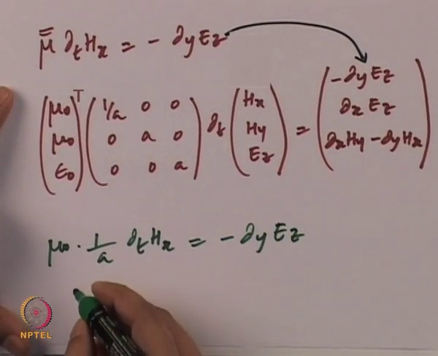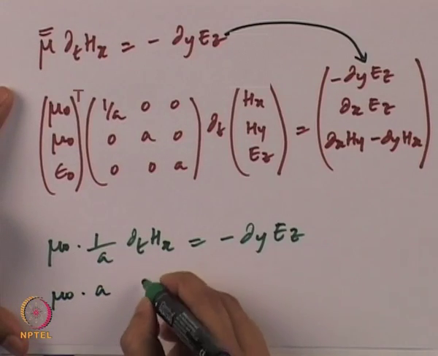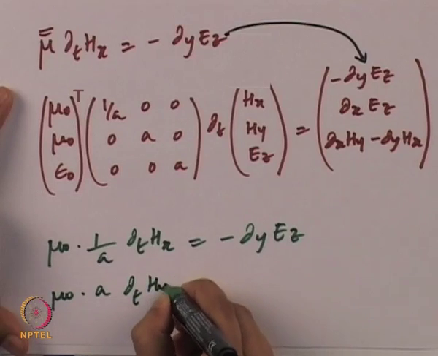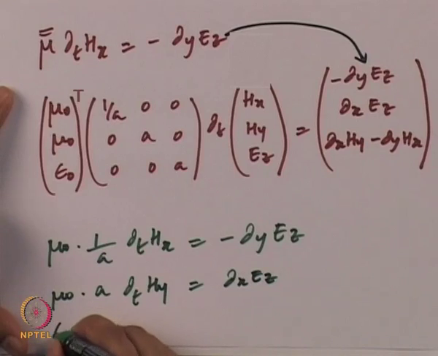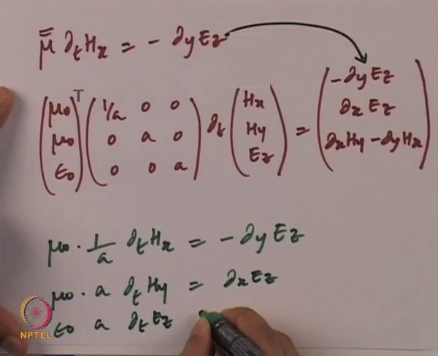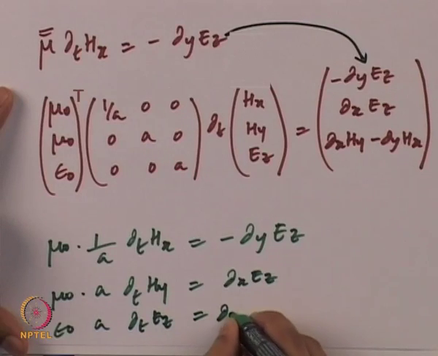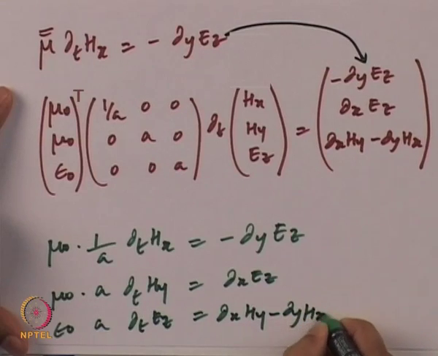Similarly, the second one will be mu naught multiplied by a dt Hy equal to dx Ez. The third one will be epsilon naught a dt Ez equal to dx Hy minus dy Hx.